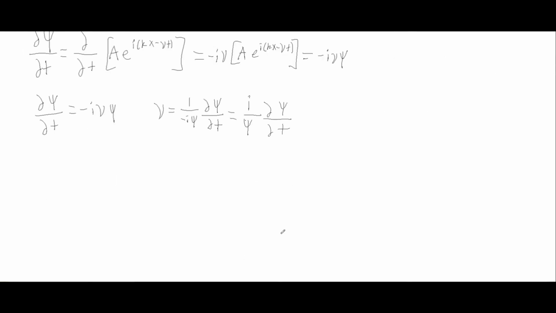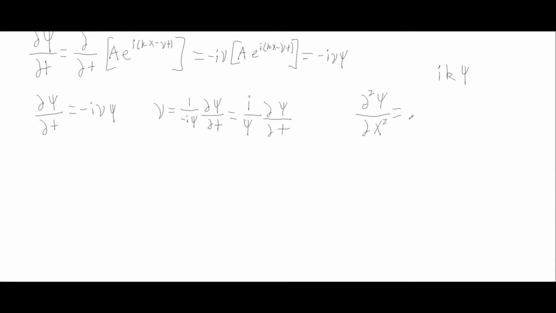And so, like I said, we will do the same using this same function for the space, but for that we will be using the second derivative. So the second derivative of psi with respect to x. If you did the first derivative, you would end up with i k psi.